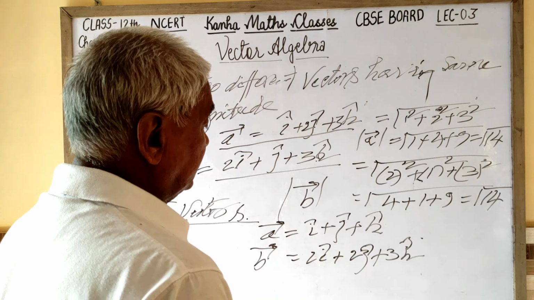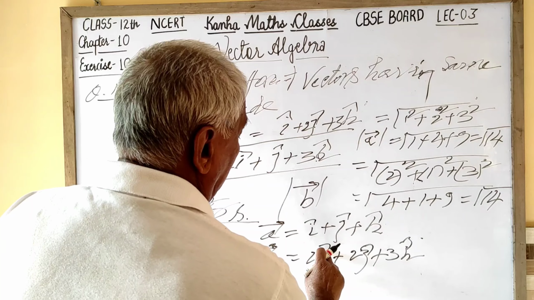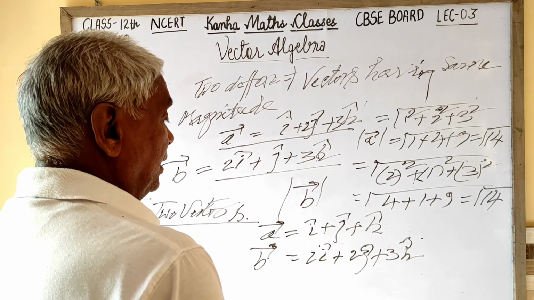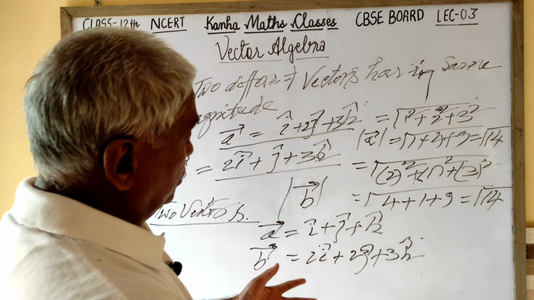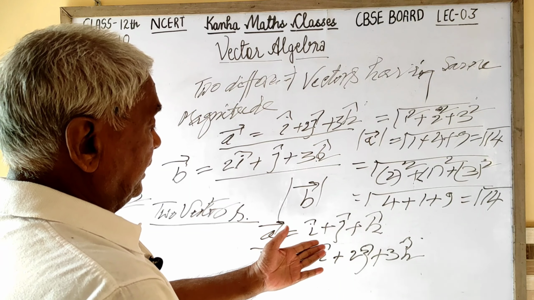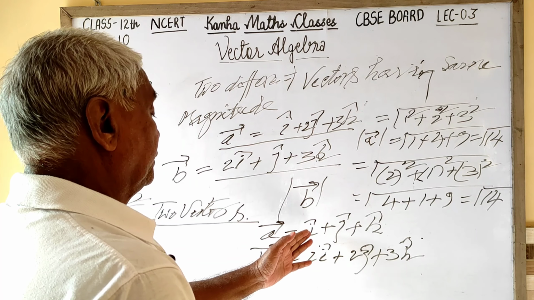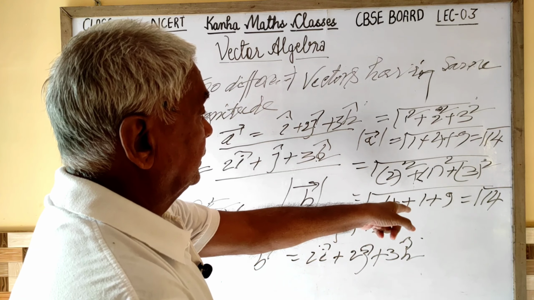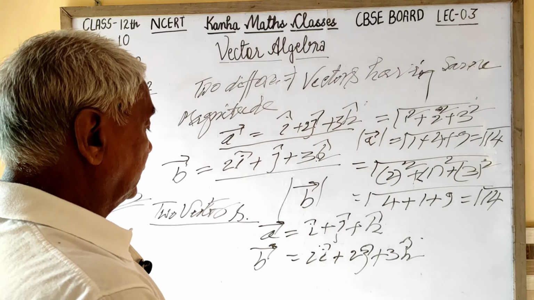These two vectors have the same direction ratio but different magnitude. As you see, the magnitude is the square root of the sum of squares of the components of unit vectors i, j, k, as we have written in the earlier question.